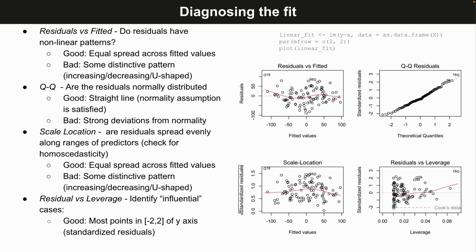The third is to look at the scale versus location plot. This is a good test for whether residuals are evenly distributed across the range of predictor values that you had. The first plot was against the fitted values.